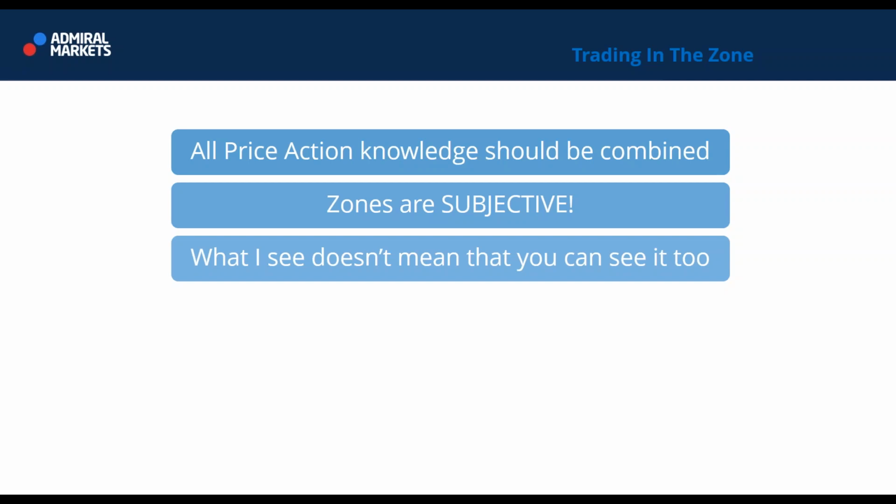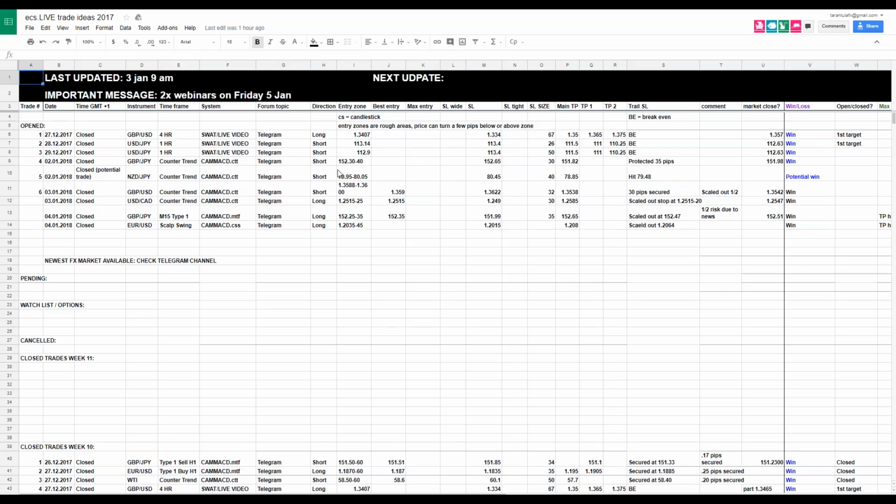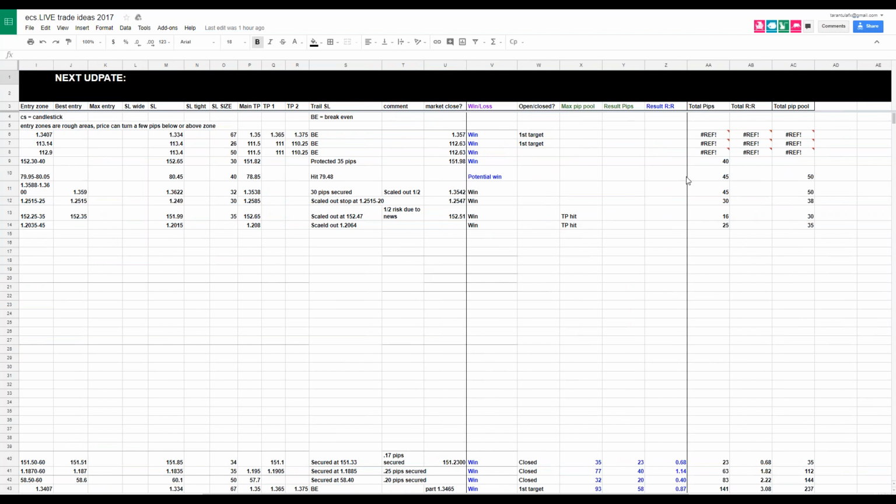So what we analyze, we also trade. For example, this is just a snapshot of our last trades that happened after the new year. You can see here we had 6 of 6 wins by actually using this approach.